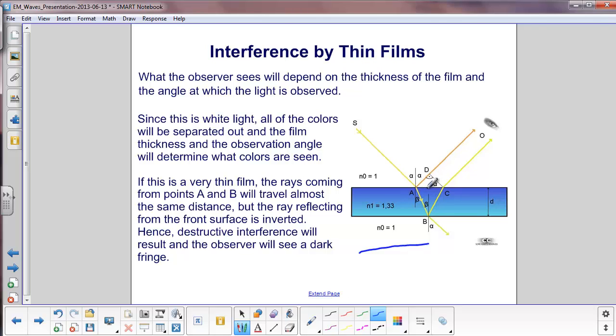So, since I have an inverted wave, and then I have the ray that is not inverted but travels roughly the same distance, we're going to get destructive interference, and the observer will just see a dark fringe. He will not see any of the pretty colors from the colors separating out from the white light.